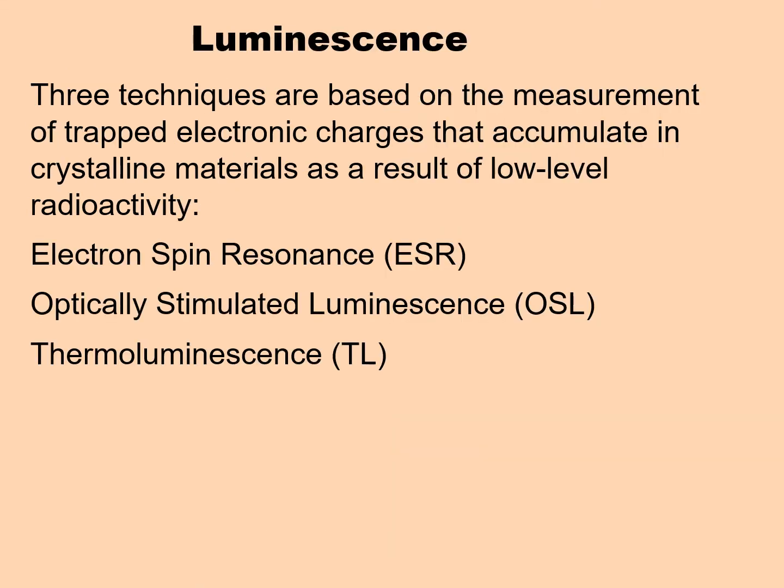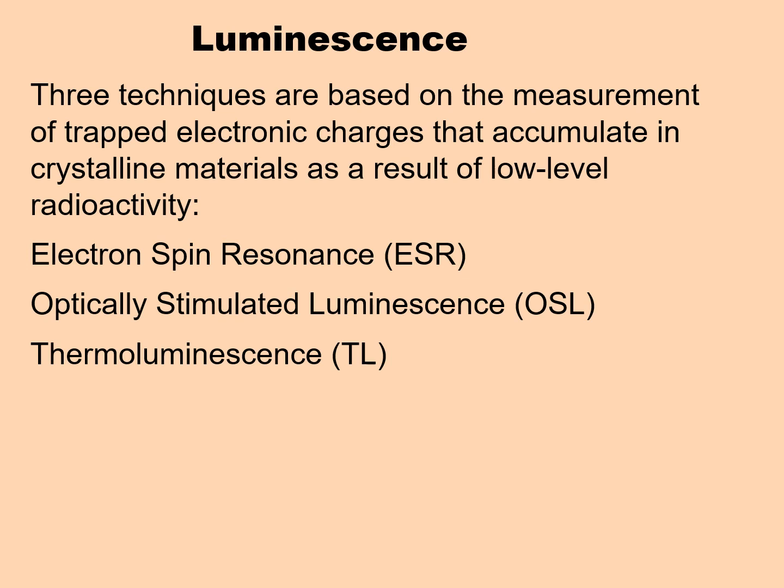So the three luminescence techniques are based on the measurement of trapped electronic charges that accumulate in crystalline materials as a result of low-level radioactivity. We'd already spoken about electron spin resonance, and today I talked about optically stimulated luminescence.